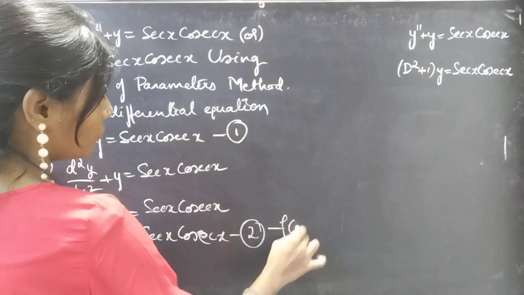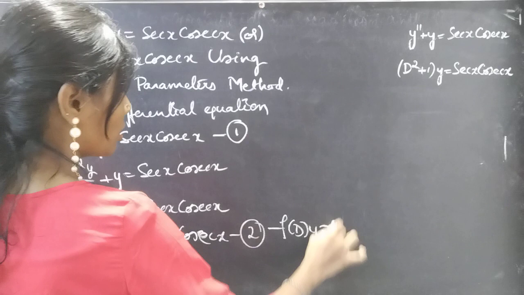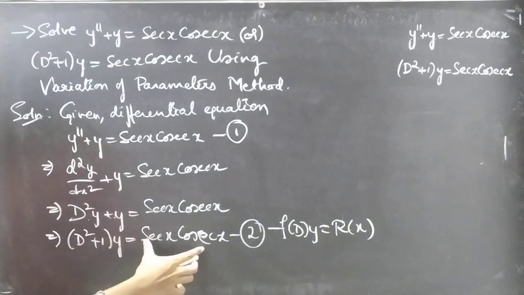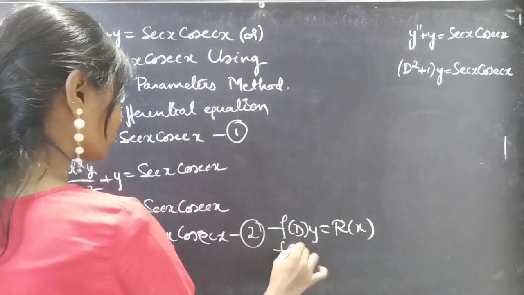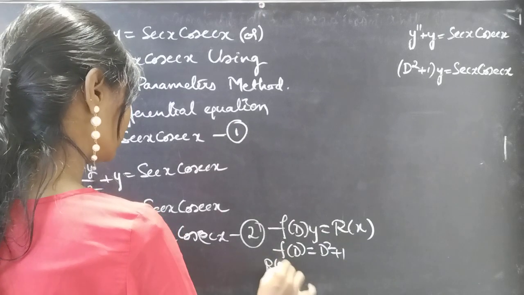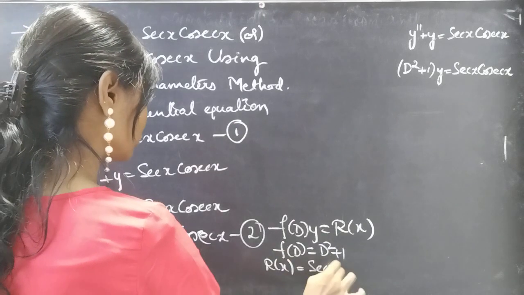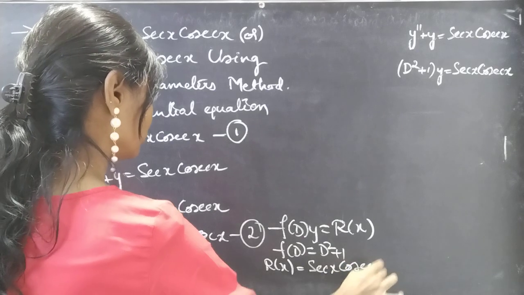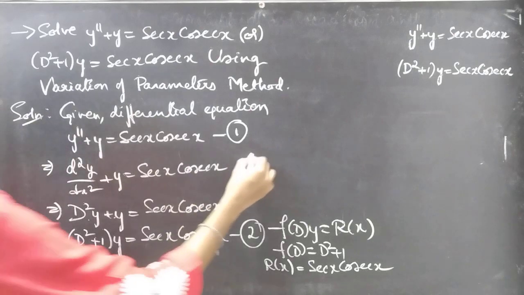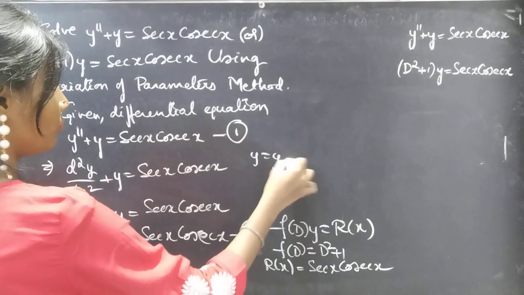Say f of D into y equal to some function of x, where f of D is D square plus 1 and r of x is secant x cosecant x. Now we'll find the solution to equation 1 and 2 using y equal to yc plus yp.